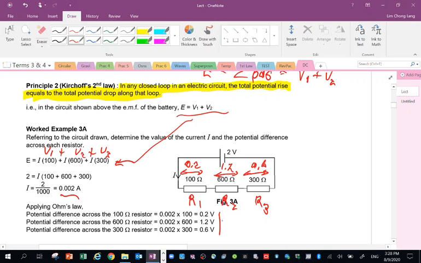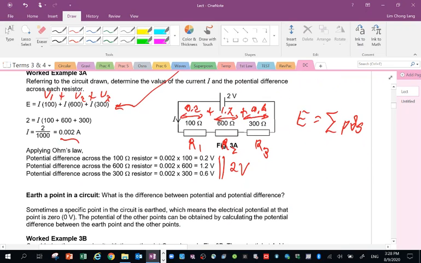If I add up these three figures, I get 2 volt, because the EMF is equal to the sum of PDs. So this is Kirchhoff's second law, right? These three PDs I add up, I will get 2 volt.